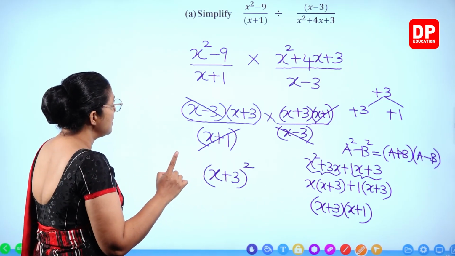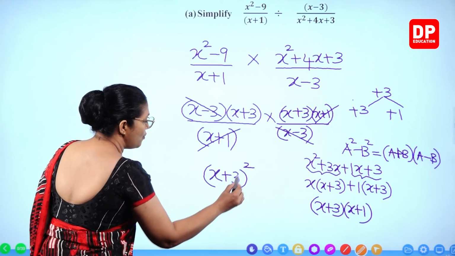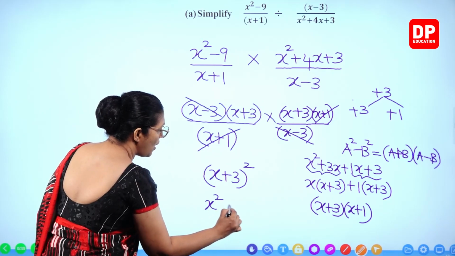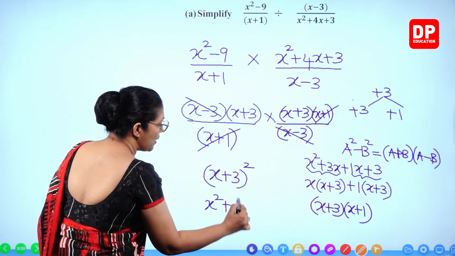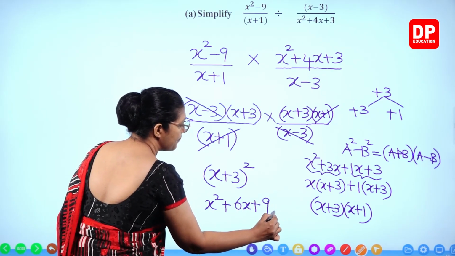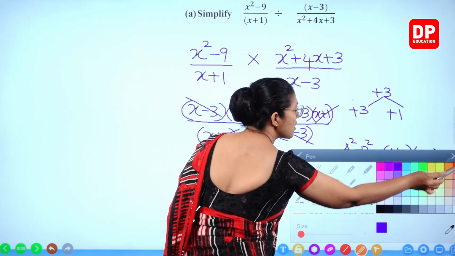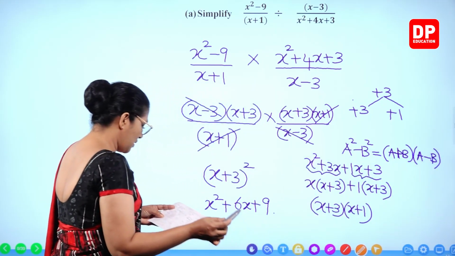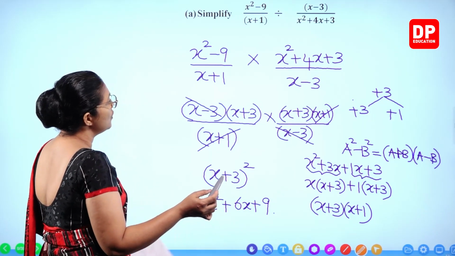Or you can expand the brackets: x squared, first term squared, plus 2 times the multiplication, that means 6x, and 3 squared is 9. So you get this answer. How many marks for this part? You are getting 3 marks for the whole thing.